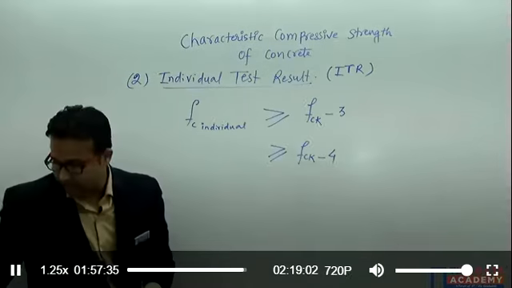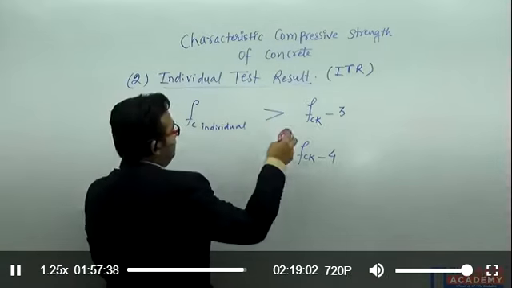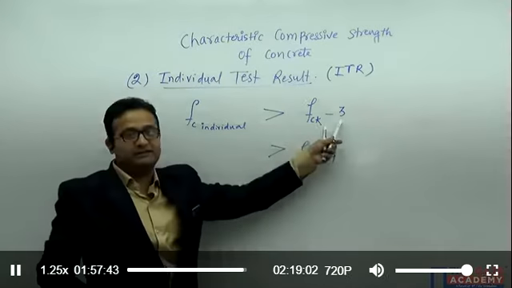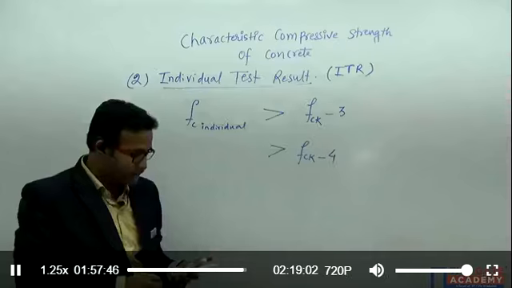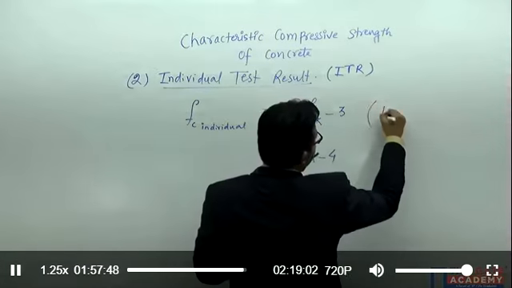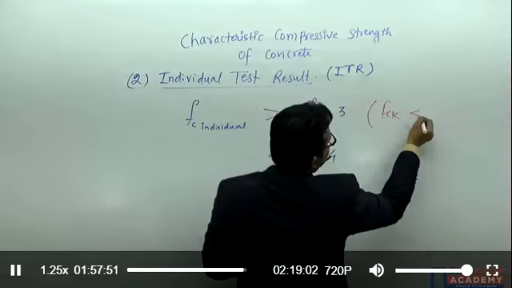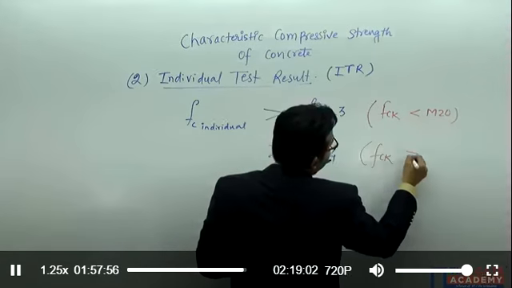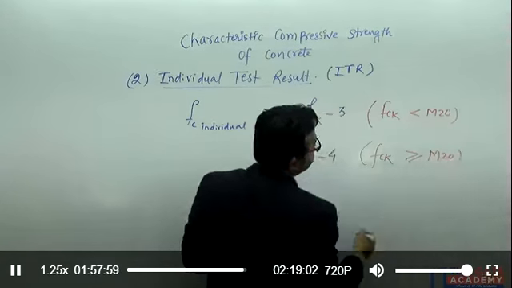FC individual should be greater than FCK minus 3 for grade FCK less than M20, and FC individual should be greater than FCK minus 4 for FCK greater than or equal to M20.